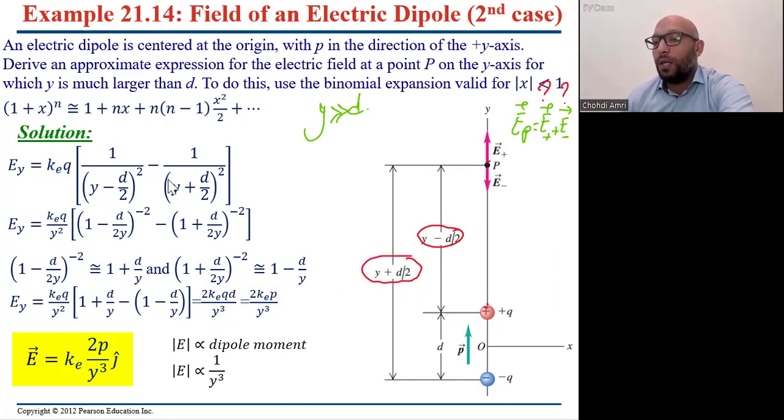So it's minus 1 over y plus d over 2 squared. Now we can write this equation in order to use this binomial expansion. So 1 over y minus d over 2 squared will be 1 minus d over 2y to the power minus 2.